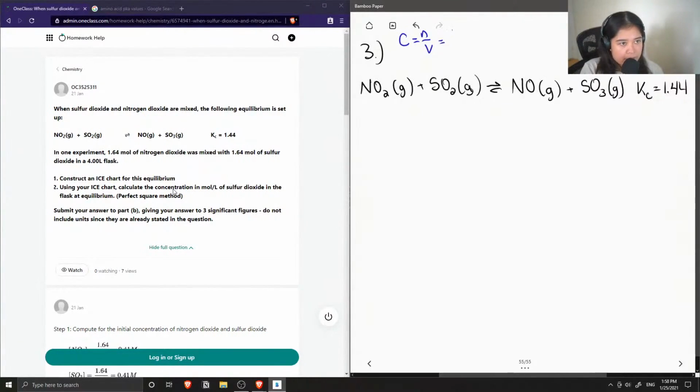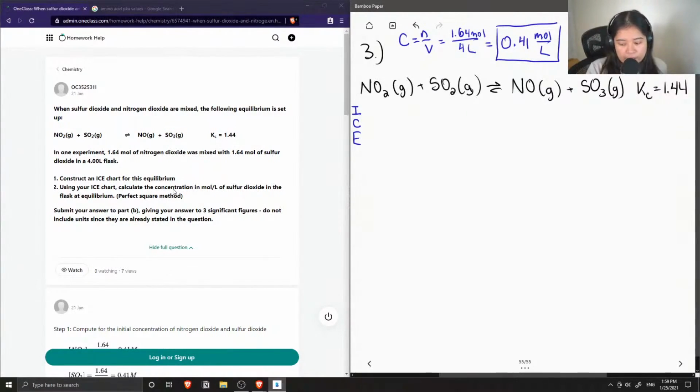So we can just do 1.64 moles divided by 4 liters is equal to 0.41 moles per liter. Okay, so this is the concentration for both nitrogen dioxide and sulfur dioxide. So now let's construct our ice table.